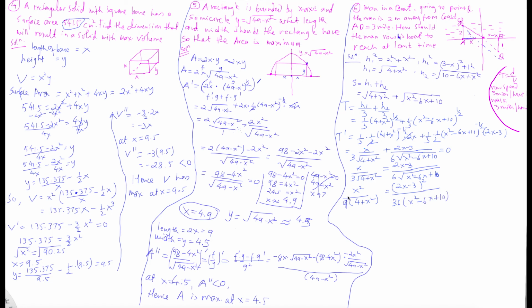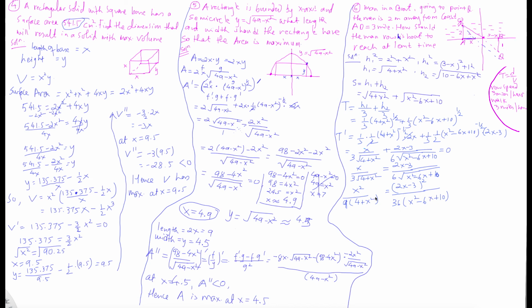This is a little long problem, so what you can try is use a calculator. You can try different values. You can bring this to the left side, enter that in the calculator as y equals this minus that thing, and find the roots.